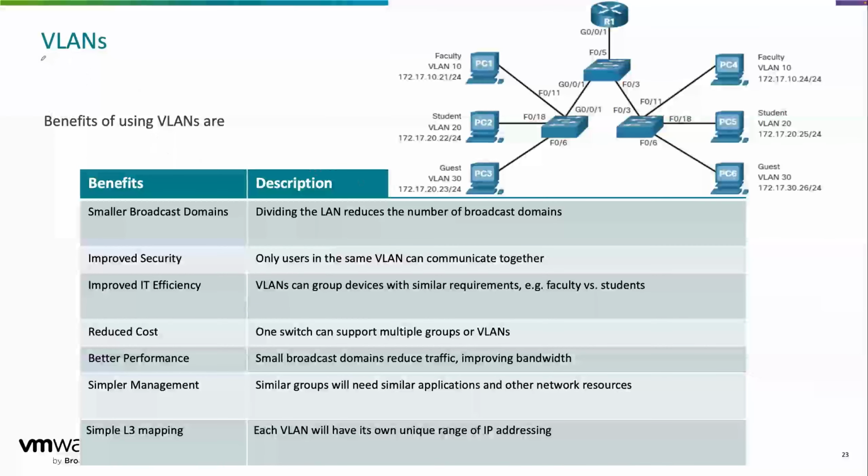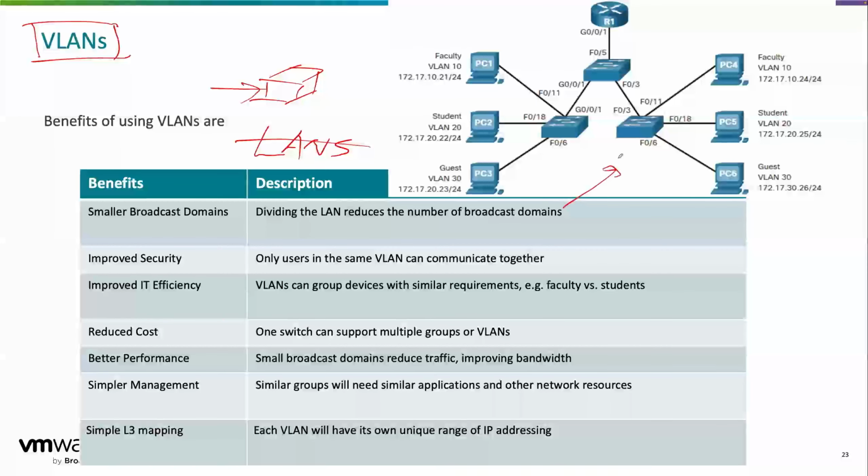What about VLAN? If we want to create multiple LANs, do we have to buy multiple switches? The answer is no. By using virtual LANs, we can leverage only one physical switch to create multiple virtual LANs.